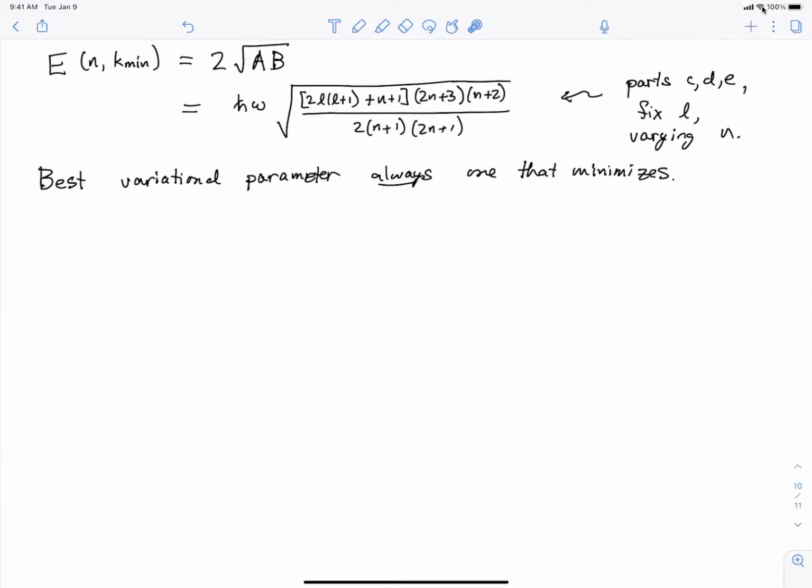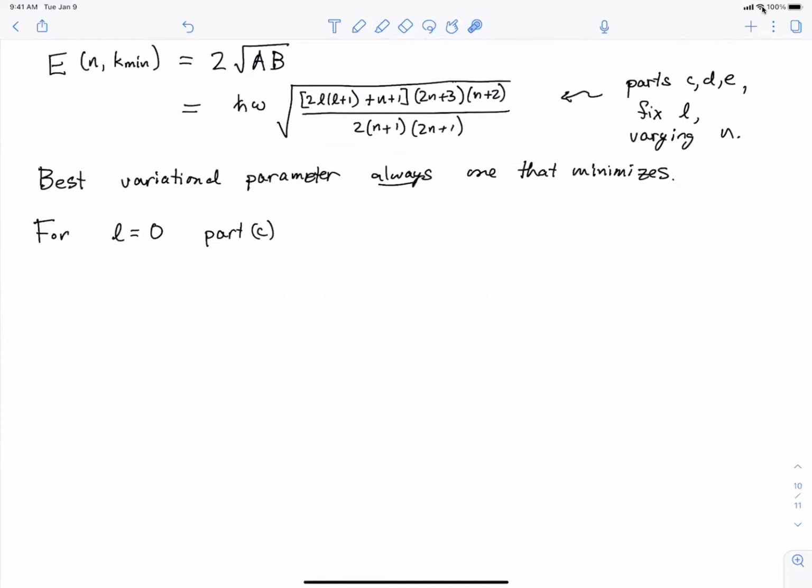So if you plugged in the N that actually did the best for each L, okay, so for L equals 0, that was part C. You're just taking this expression, plugging in L equals 0, which kills that, and then just tabulating for different N's what you get by computing this.